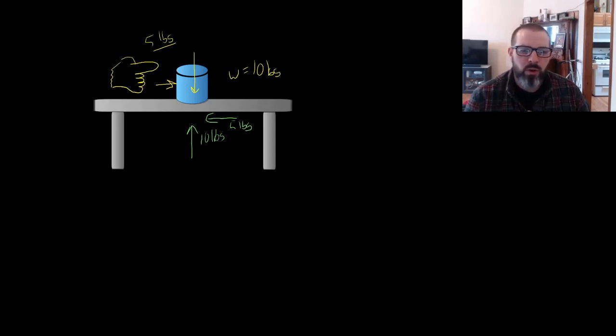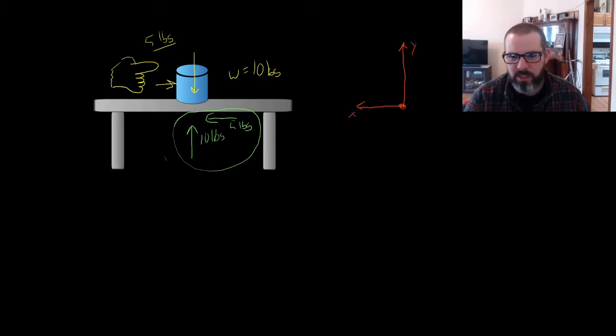Now, if we wanted to know what the total resultant force of the table acting on the can is, we can apply a coordinate system. Let's say that y is up, and we'll say that x is going to the left because we have a force acting up and to the left, and this allows us to work with only positive quantities. On this, we have 5 pounds, and we have 10 pounds.